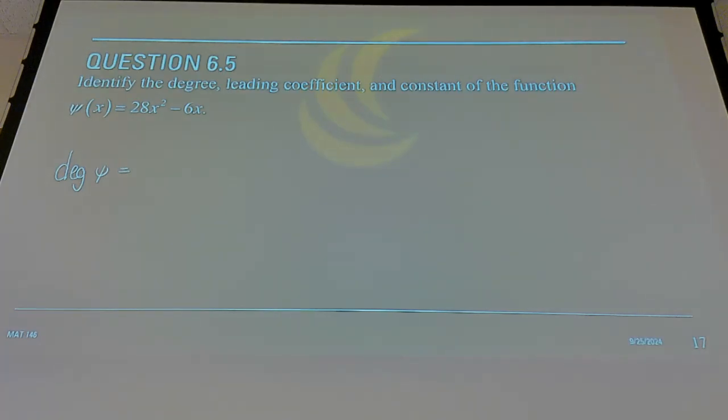What would the degree be? What's the leading coefficient? What's the constant?